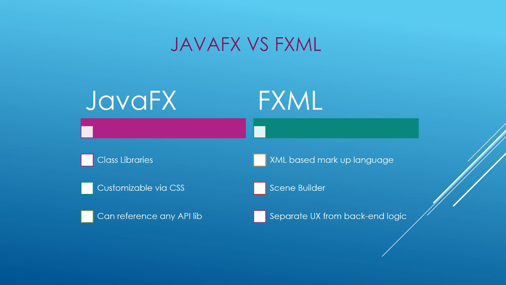We can use utility programs like Scene Builder to generate this FXML, and we can read the FXML back into the Scene Builder type utility to update it. So if we use this XML feature of form building, we separate our user experience, our front end, from the back end logic. So you might see different reasons to use both of these.